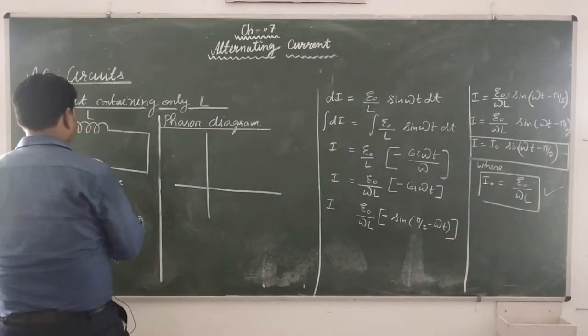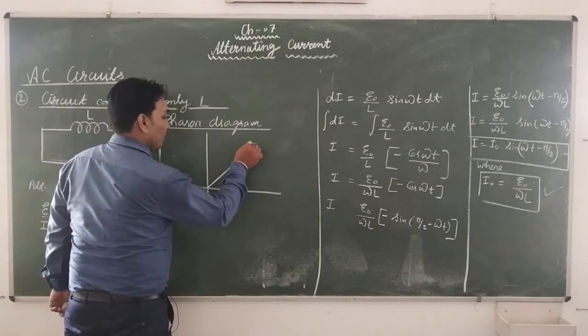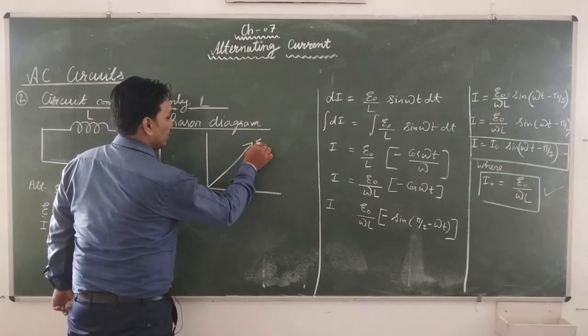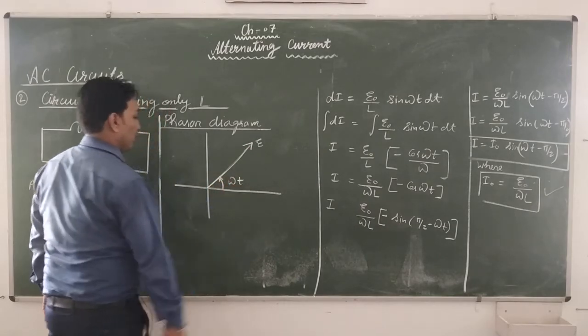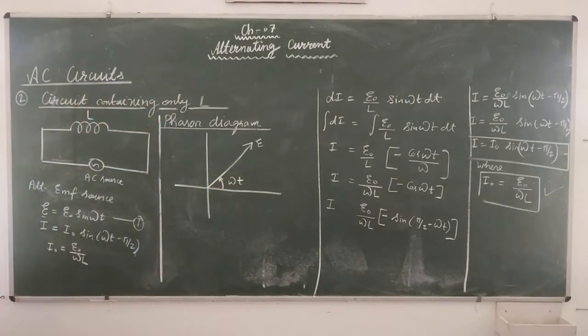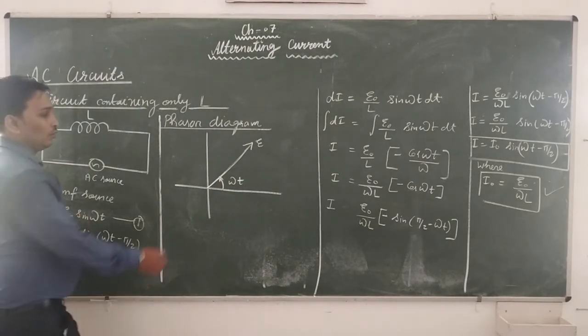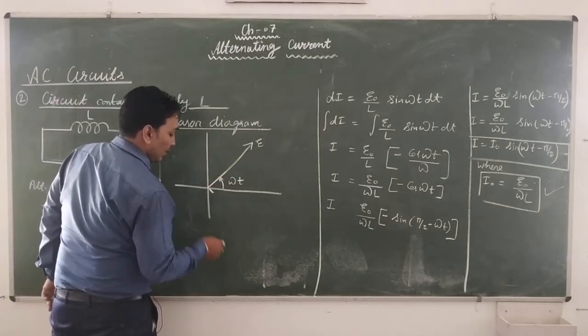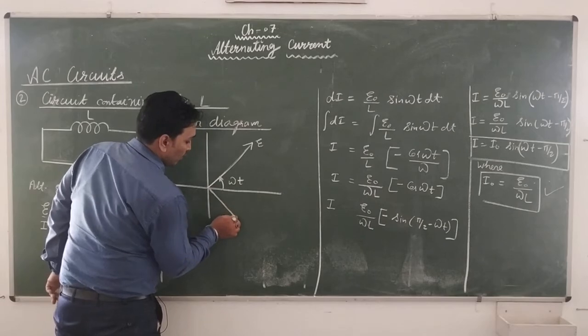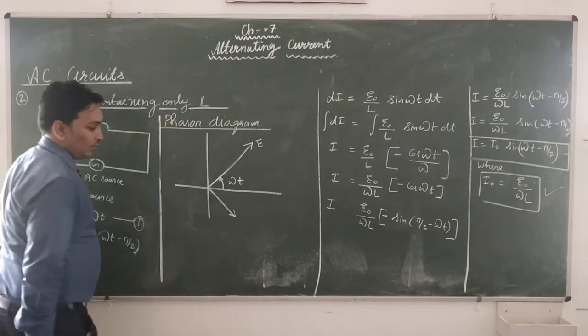First of all, for EMF, this angle is what? Omega t. Okay? EMF makes an angle omega t. In that case, current makes the angle omega t minus pi by 2. So from EMF, we take a perpendicular and that too behind. Okay?